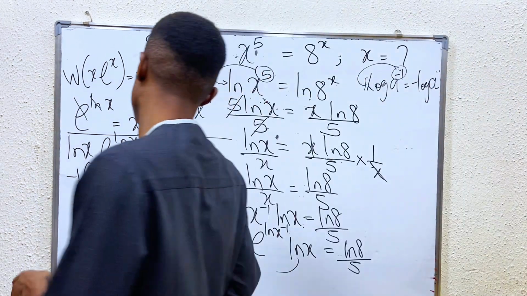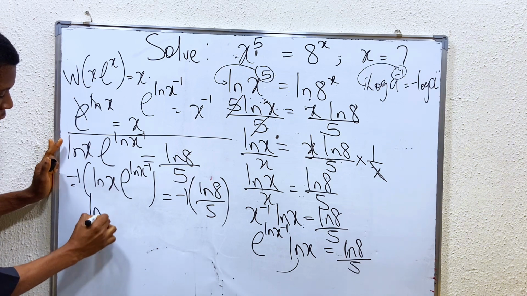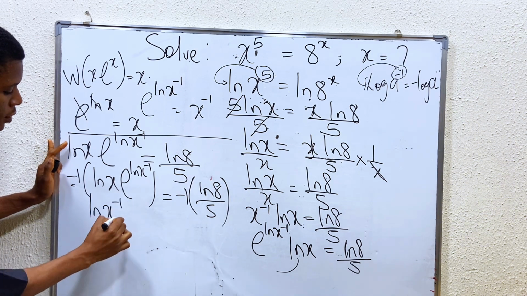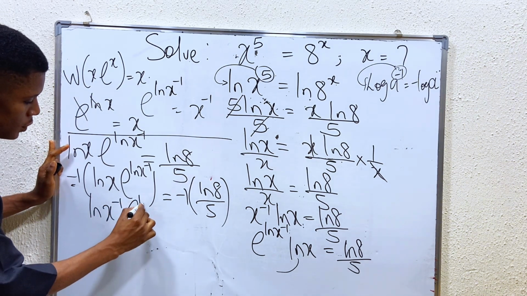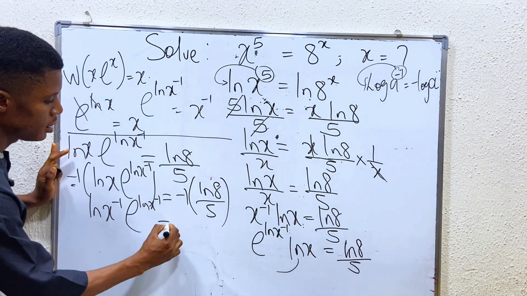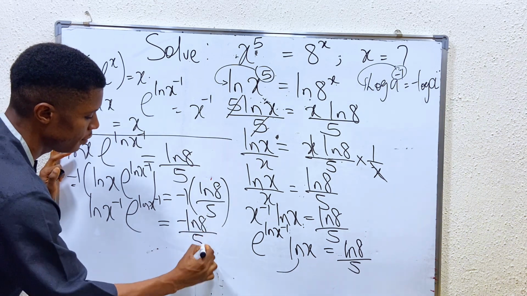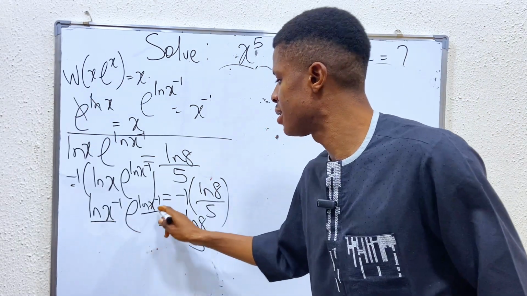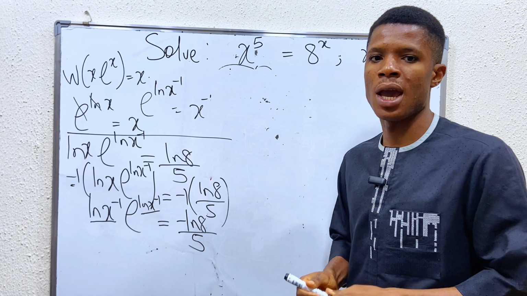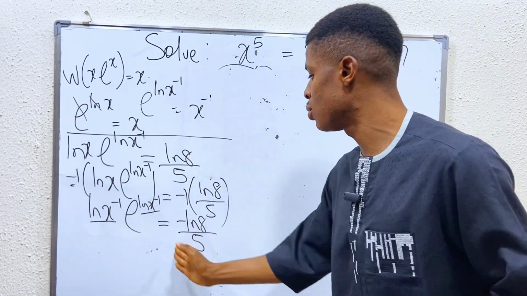So we apply it here so that this negative sign becomes the power. So we have (ln x)^(-1) e^((ln x)^(-1)) = minus ln 8 over 5. This term and this term are now the same. Since they are the same, you can now take the Lambert W function on both sides.